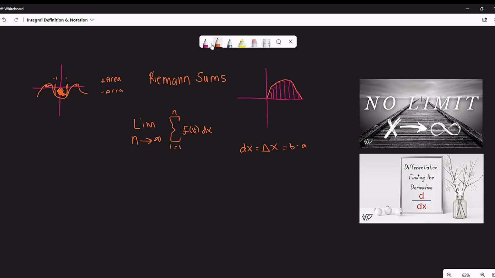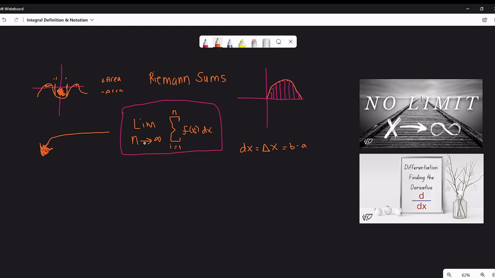Now this entire expression is the integral, but Leibniz devised a way to write it in a way that is more impactful, let's say, more useful and easier to understand.